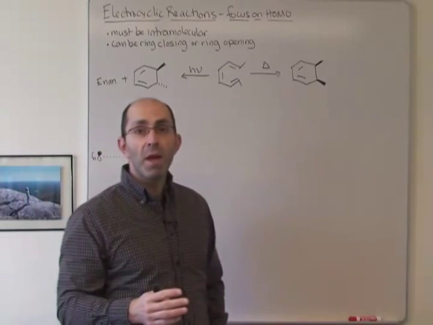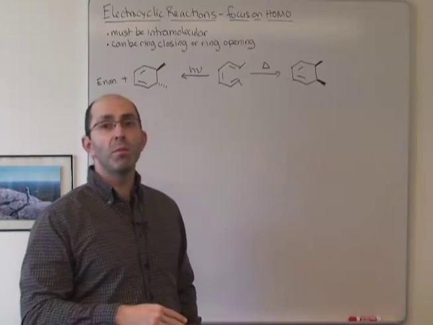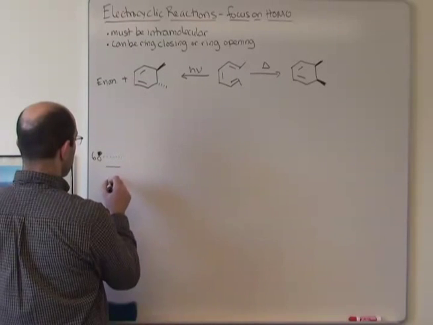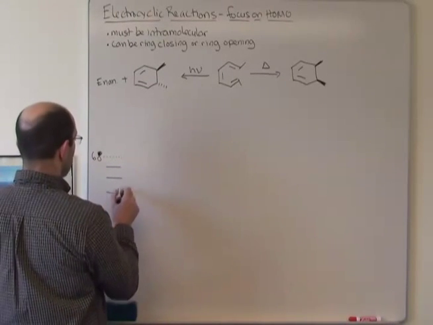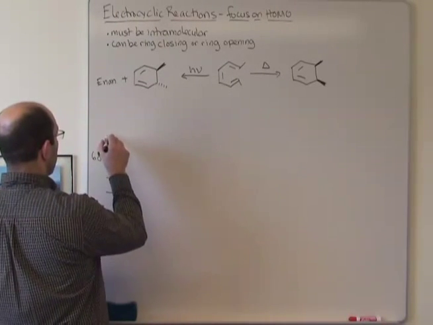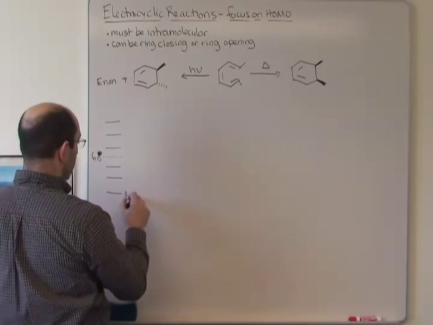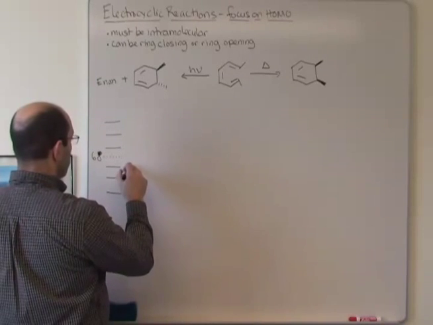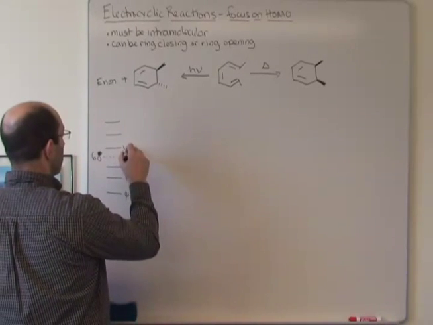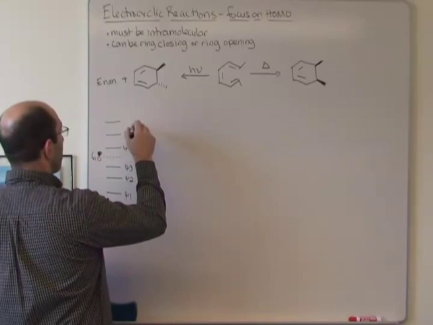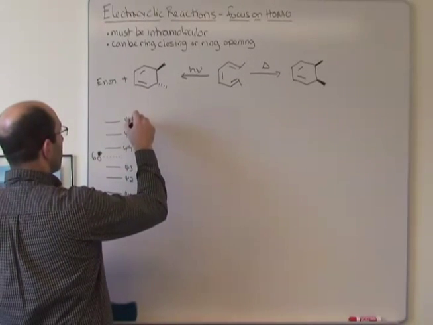Since it's an even atom system, we're going to get 3 bonding molecular orbitals and 3 anti-bonding molecular orbitals. We're going to have psi1, psi2, psi3, psi4 star, psi5 star, psi6 star.